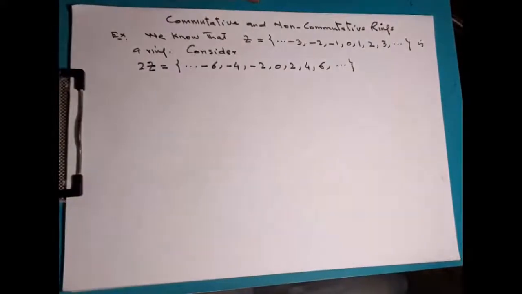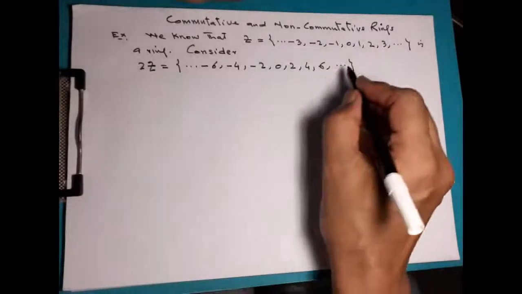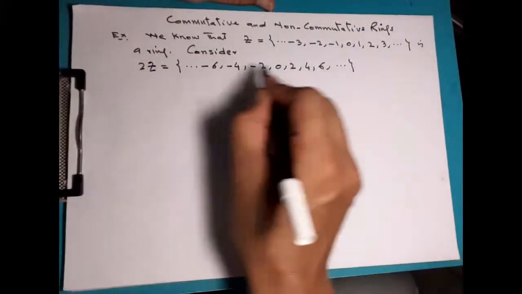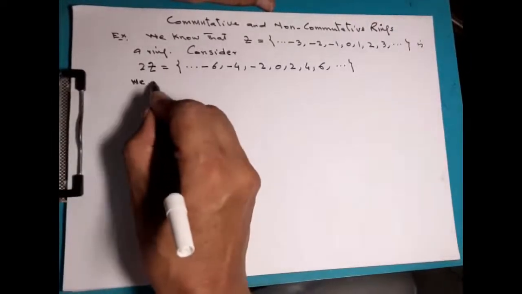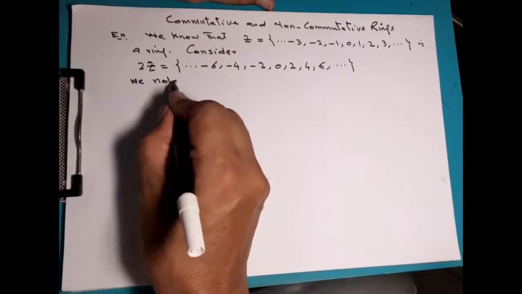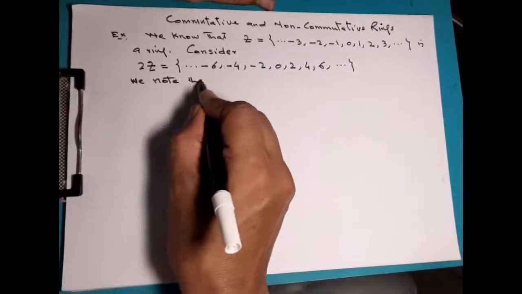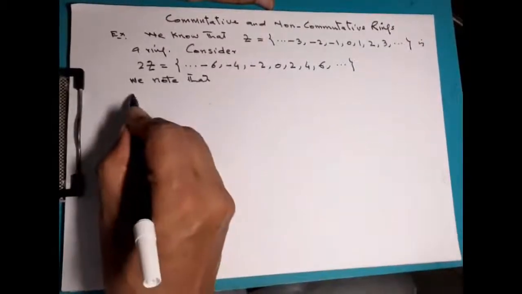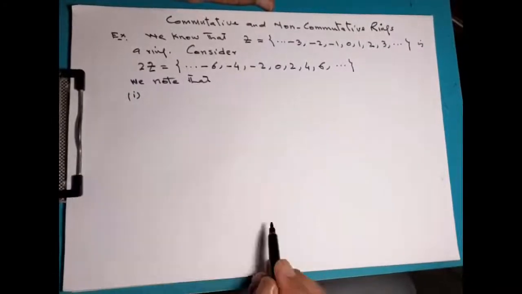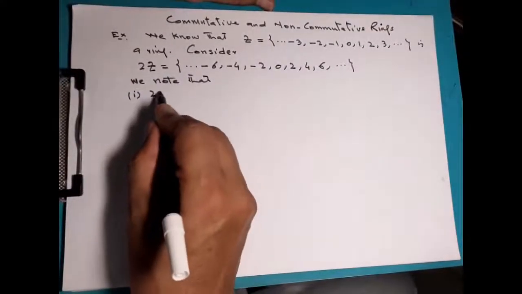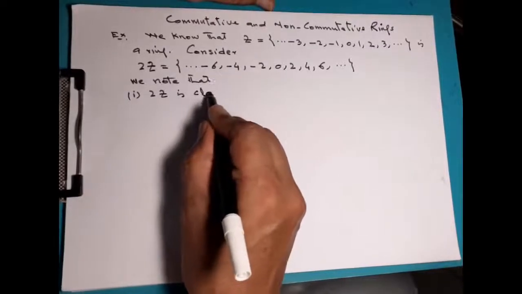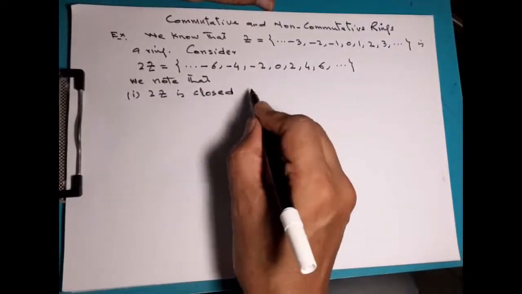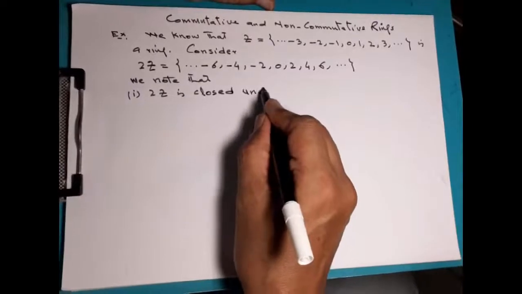And note that this set is closed under addition. We note that first of all, 2Z is closed under binary operation addition.